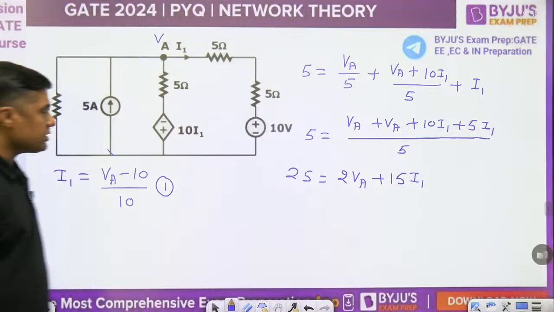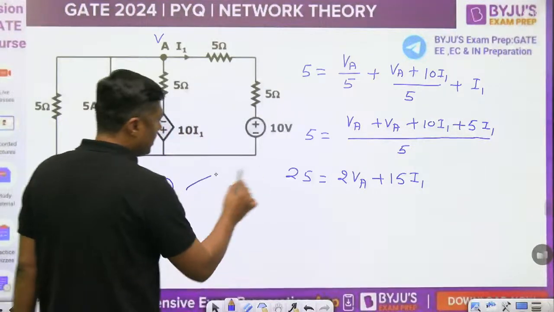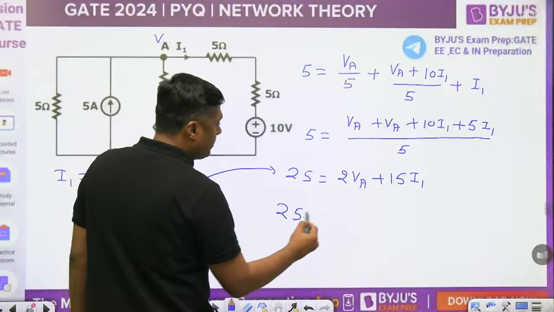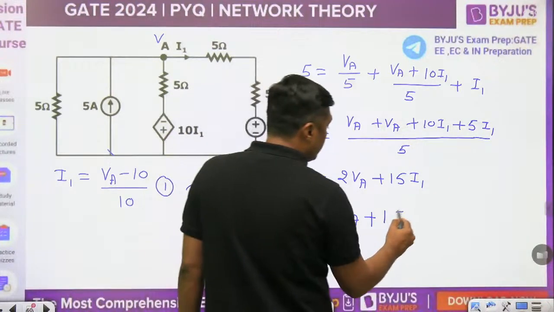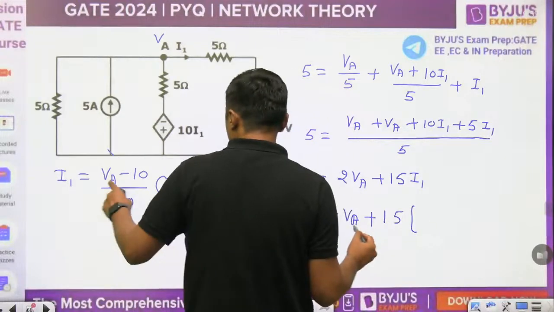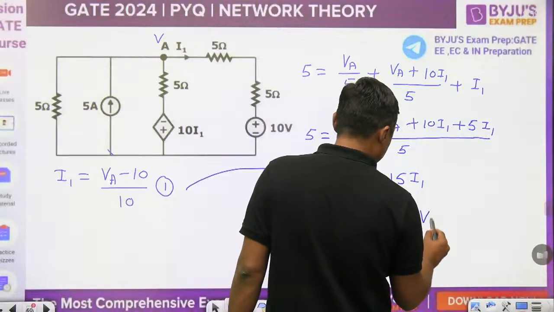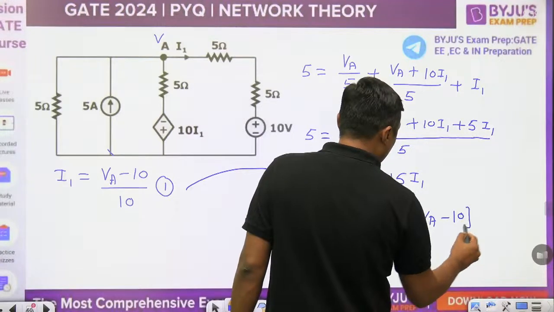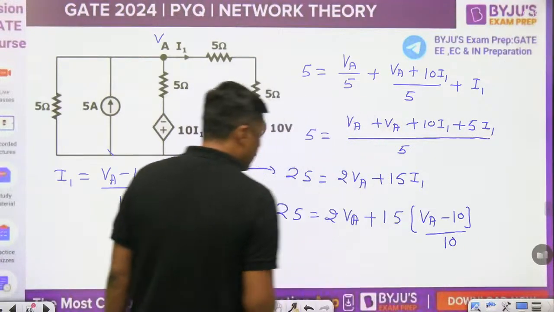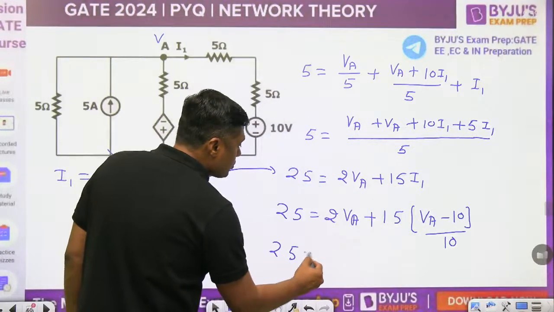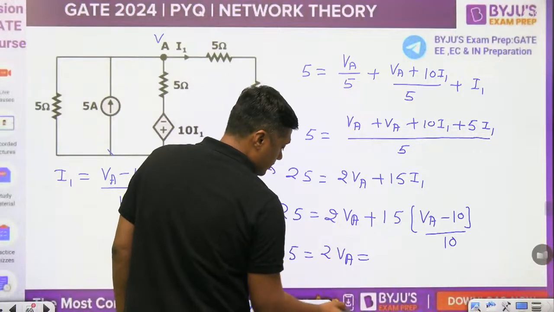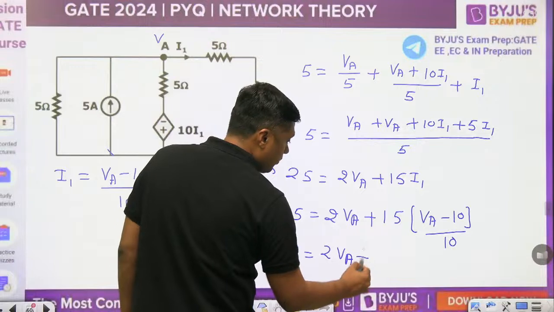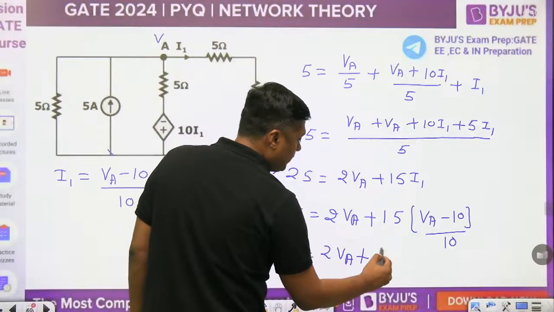When I put equation number 1 in equation number 2, 25 is equal to 2VA plus 15 times (VA minus 10) upon 10. Then you will get 25 is equal to 2VA plus 15 divided by 10, that is 1.5 VA.